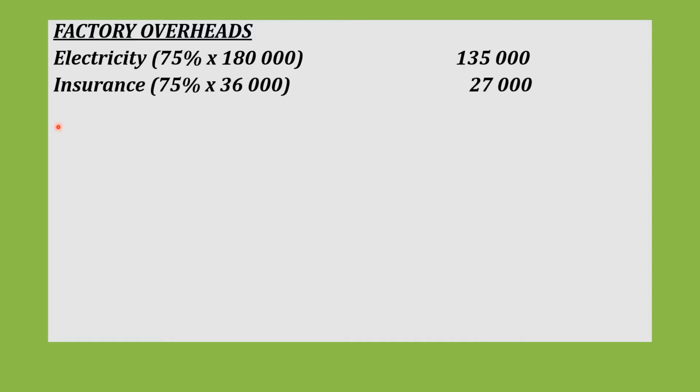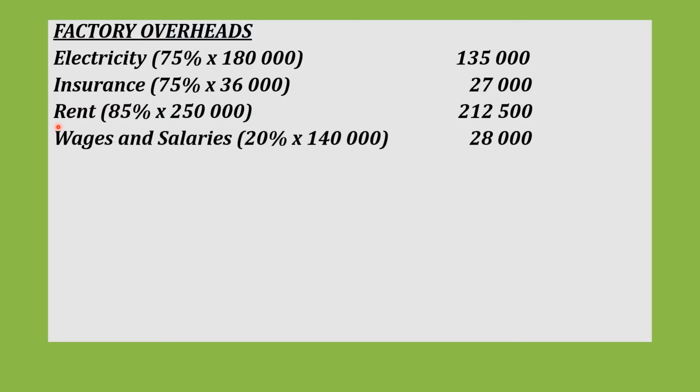We add the factory overheads. Then we add the electricity, 75% of 180, 135. Insurance, 75% of 36,000, gives us 27,000. Rent, 85,000 by 250,000, gives us 212,500.